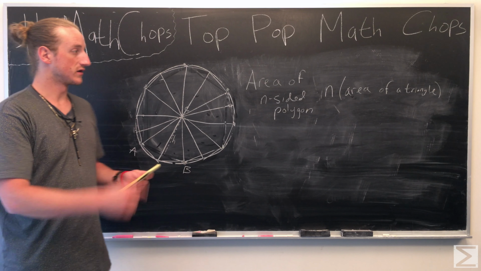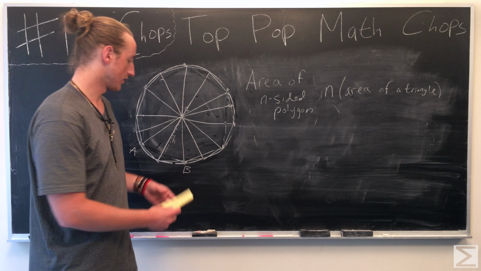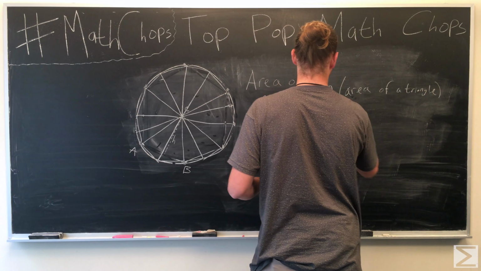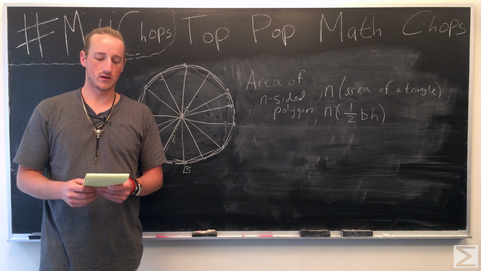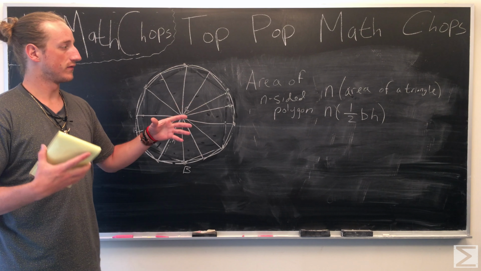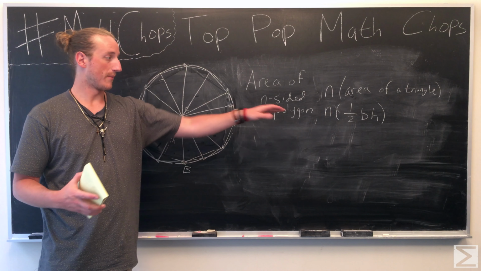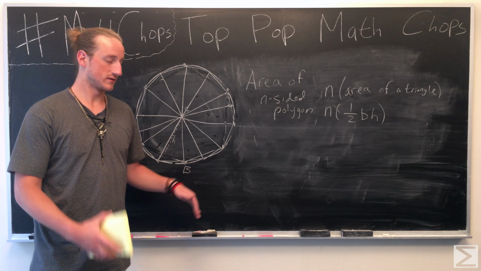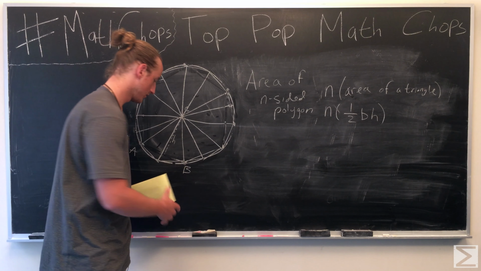So again, it's going to be the base times the height for each of these triangles. But once we know the base and the height, you can reformat the formula, so you want to look at how many sides there are times the base, which will give you the full perimeter of the n-sided polygon.